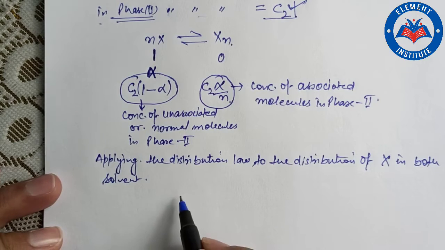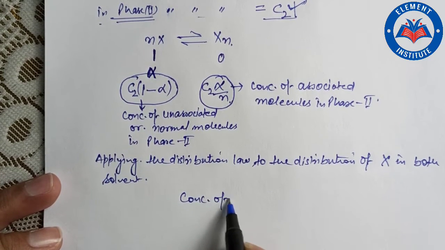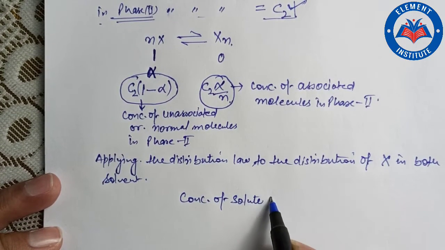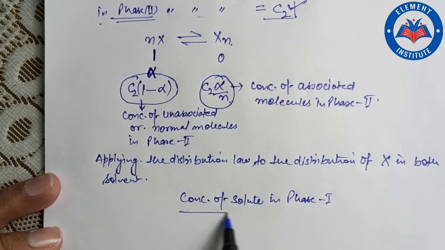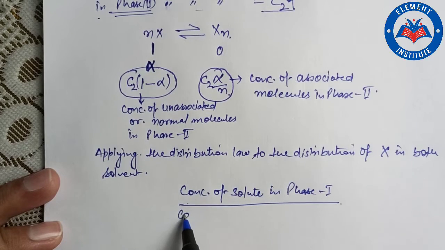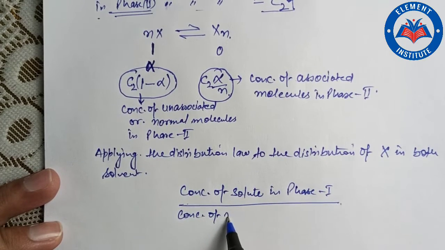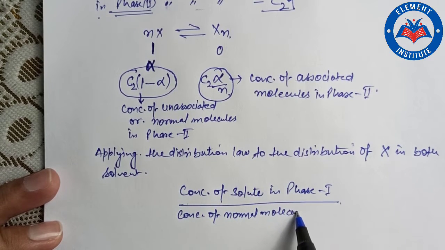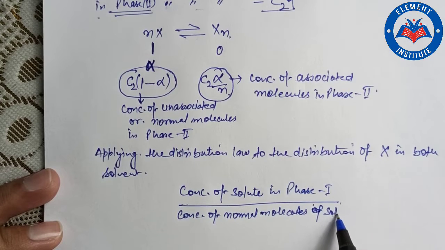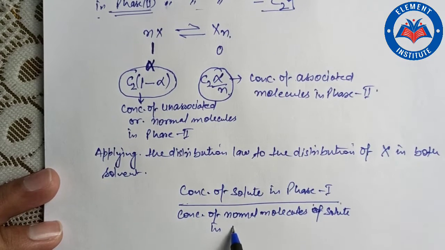It is the concentration of solute in phase 1 upon the concentration of normal molecules of solute in phase 2.